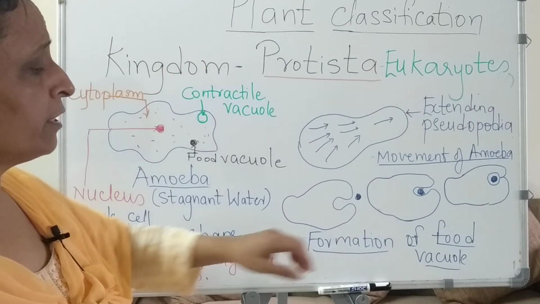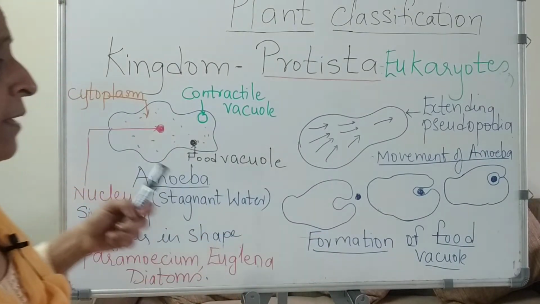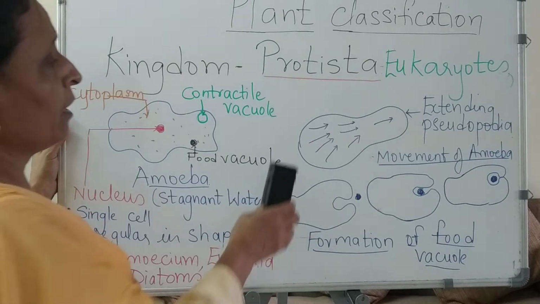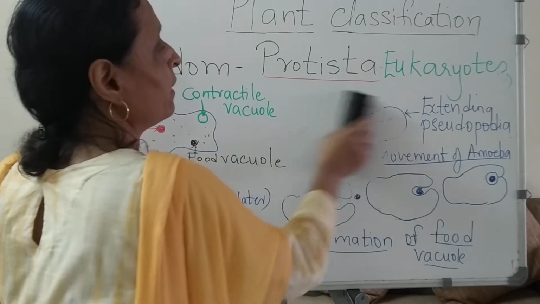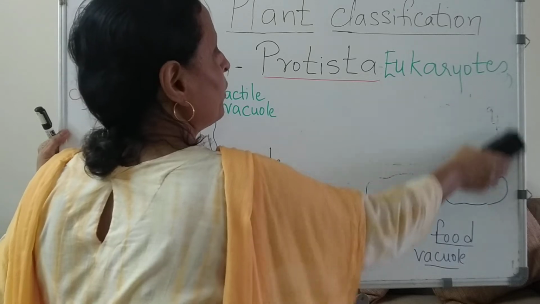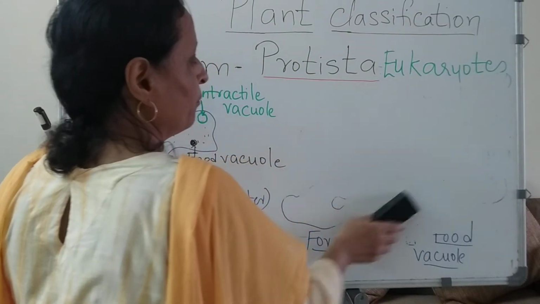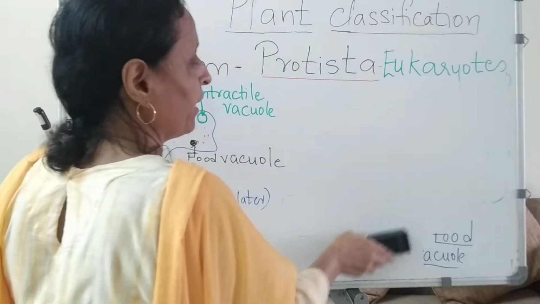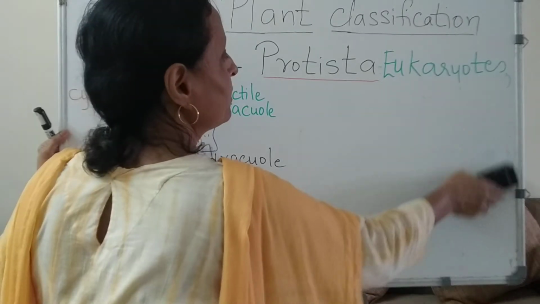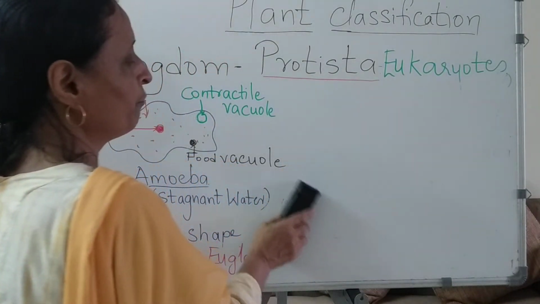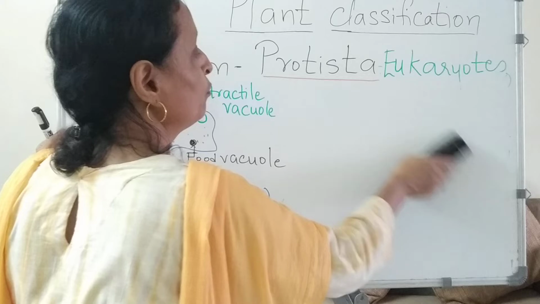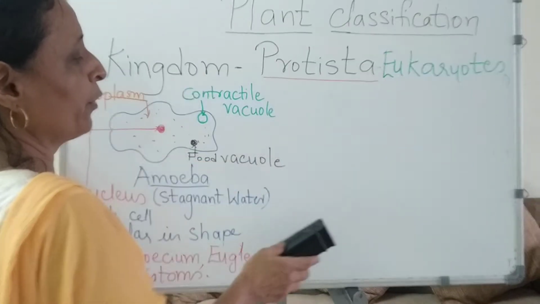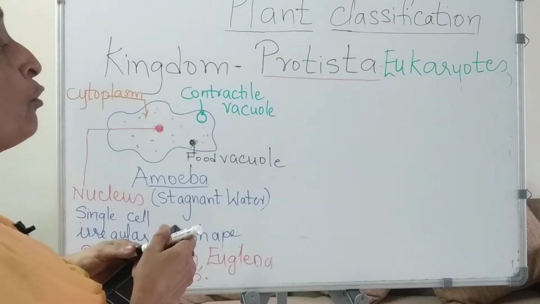This is how exchange of gases takes place with the help of cell membrane. Now, how does the reproduction take place in amoeba? Now this organism, they are going to reproduce by binary fission. What is binary fission? By name itself you can understand binary means 2, fission means breaking into 2. How is it going to break into 2?